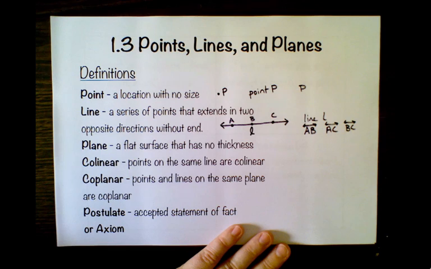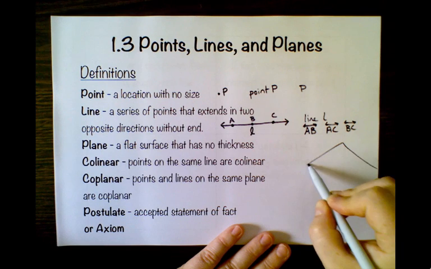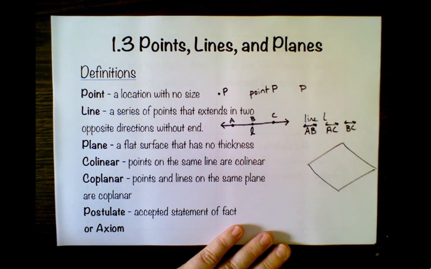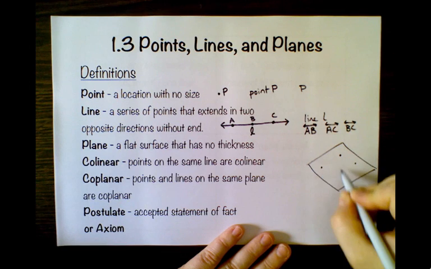Okay, a plane is a flat surface that has no thickness. A lot of times we draw a plane using kind of a rectangle, and a plane has infinitely many points on it.